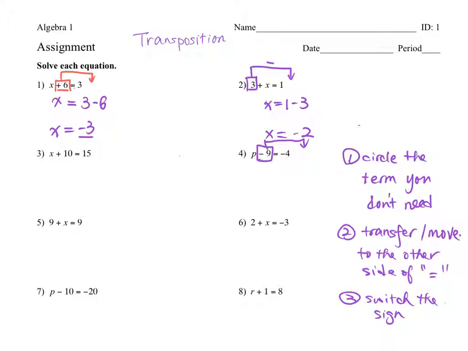Positive becomes negative, multiply becomes divide. So on the left-hand side, I have p left, and if I move it to the other side, minus 9 becomes plus 9. So now I have p equals positive 5. Okay, so pause the video, finish the rest of it before we move on to the next video.